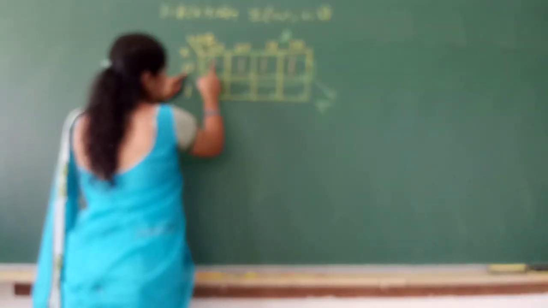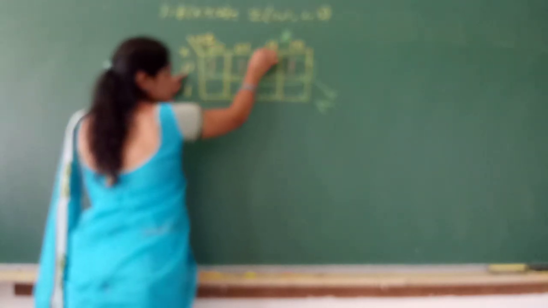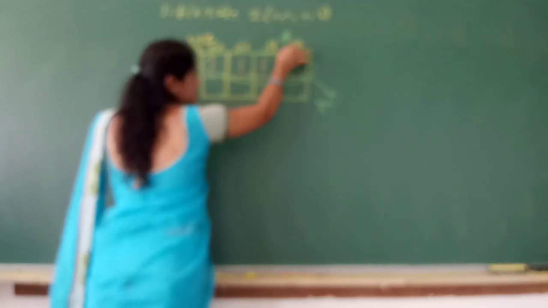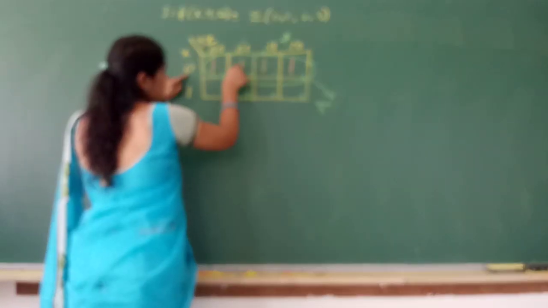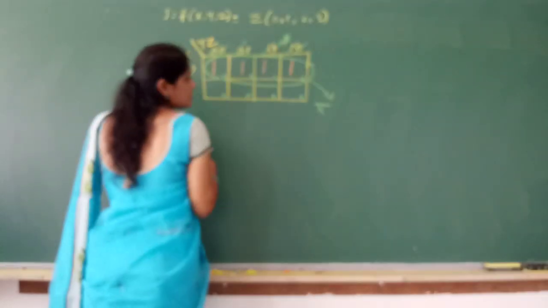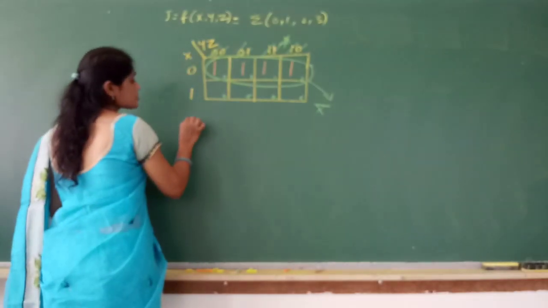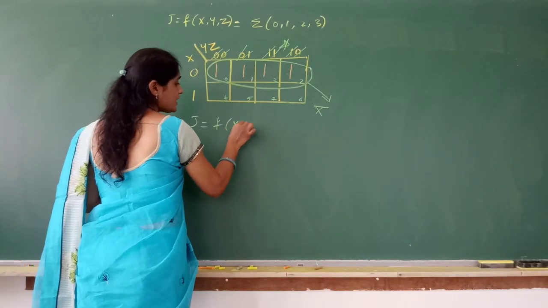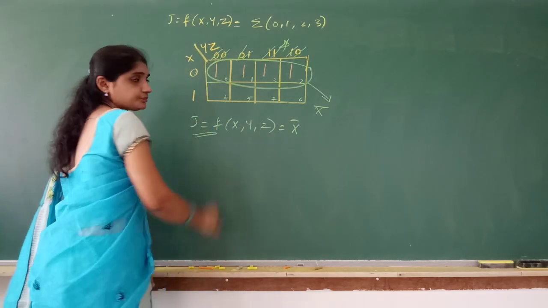Y is 0 for these, but y is 1 for these, so it gets cancelled. Next, z is 0 here, 1 here, cancel. So we have got x bar. So f of x, y, z is equal to x bar. So this is the answer.